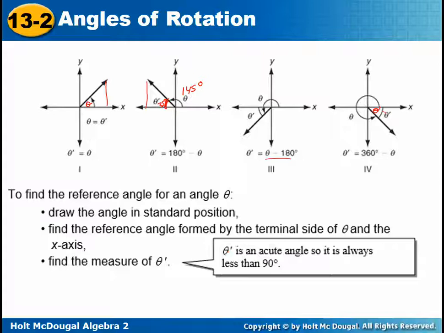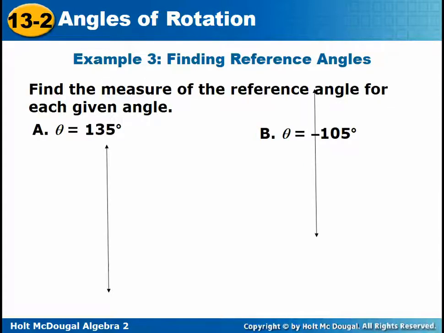So they just write a theta with an apostrophe after it, and that's theta prime. But you could also give it another letter like I was doing on the earlier page, like angle A. So it'll always be an acute angle less than 90, and you always form it up with the x-axis, or down with the x-axis. That's the angle we'll always be looking for. That's called the reference angle.